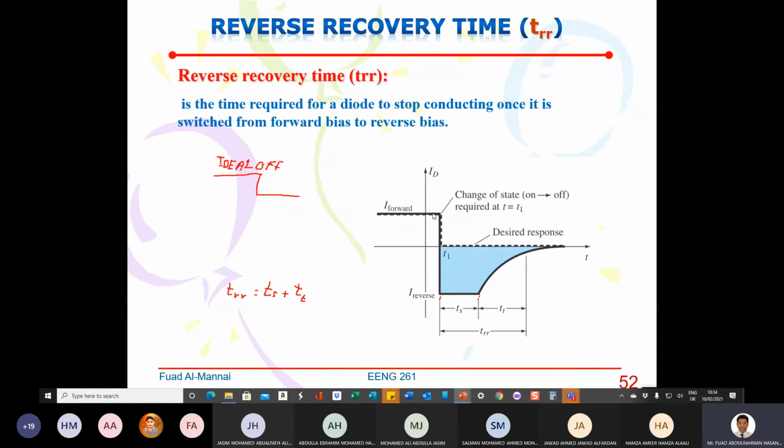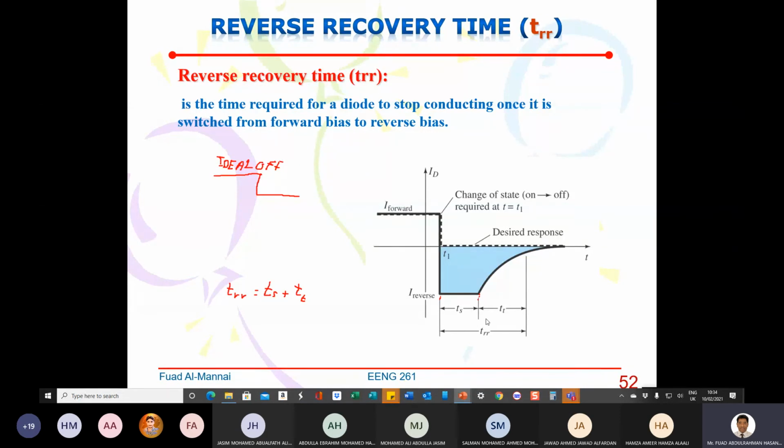In reality, in real life, this is our forward bias. Now we switch it off. When we switch it off, it will not switch off immediately. It will take its time to go like this, and then go like that, and after that it will be off.